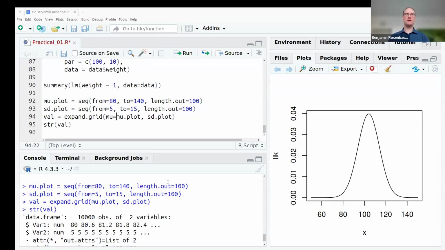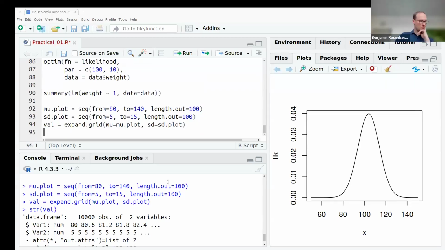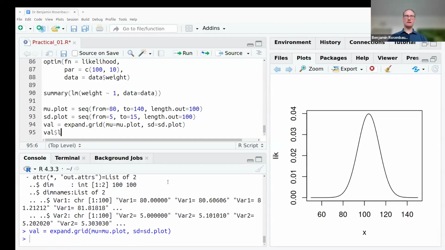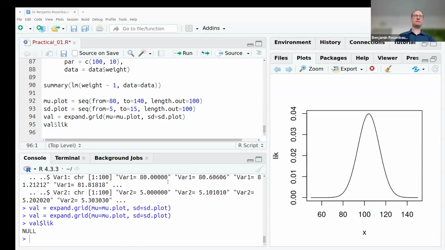I will give them names, mu and SD. And for each of these combinations of values, I will compute the likelihood. So I define a new column here, which is called val.lik, which will contain all my likelihood values.